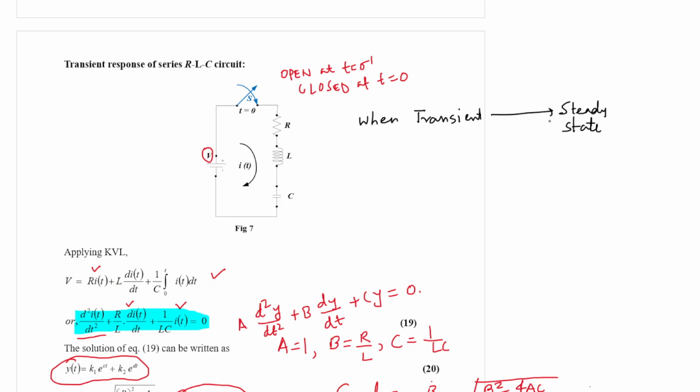It will not happen instantaneously, but it will require some time, t equal to infinity, right? So the main cause of bringing one system from transient state to steady state is damping, because the system has inherent damping. Without damping, no system can be brought from transient state to steady state.